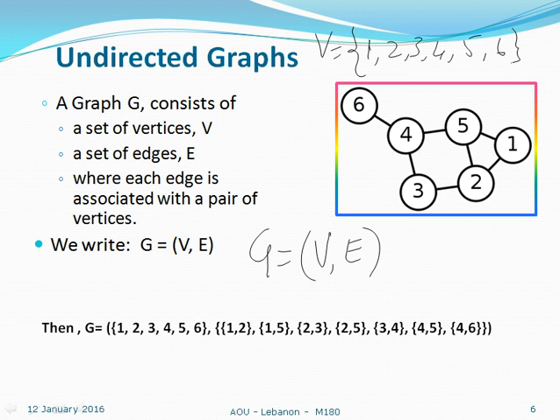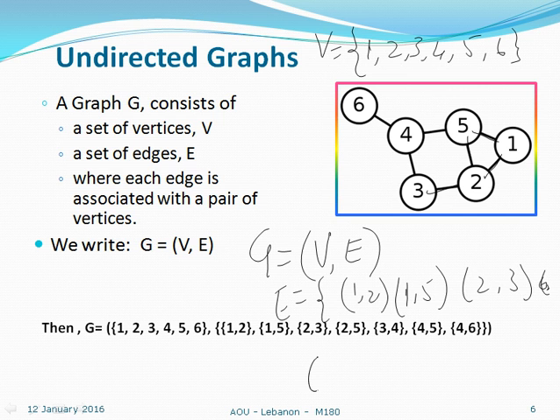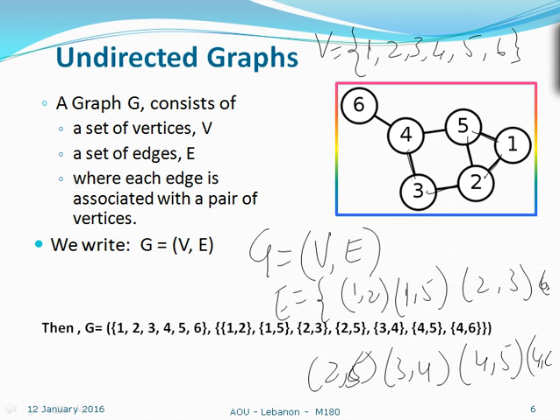The edges can be written as a set E: {(1,2), (1,5), (2,3), (2,5), (3,4), (4,5), (4,6)}, because there is an edge from 1 to 2, from 1 to 5, from 2 to 3 and 2 to 5, from 3 to 4, from 4 to 5, and also an edge from 4 to 6.